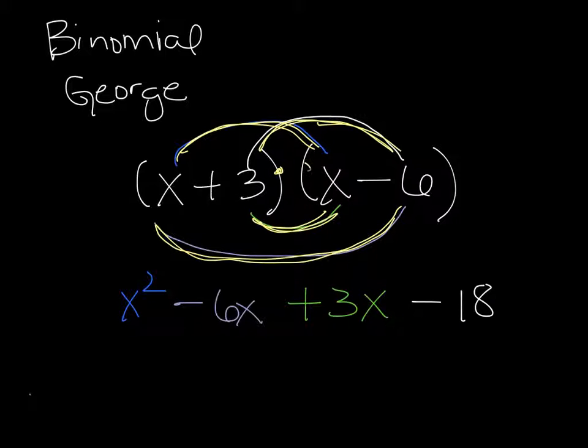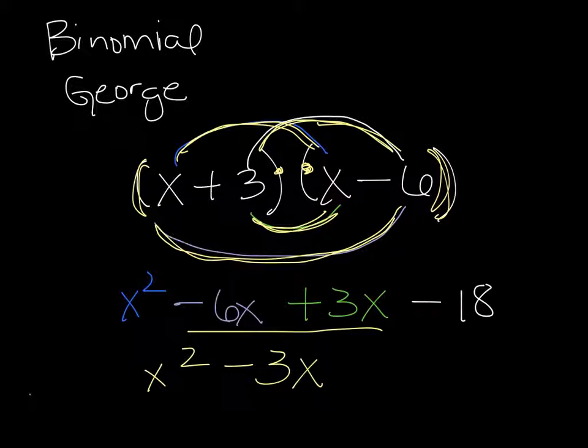Here's his eyes. And here's his ears. So my algebra teacher called him Binomial George. I don't know why, that's just what he called him. So if you do FOIL correctly, it should make a smiley face. Now, when you combine your two middle terms, you get x squared minus 3x minus 18. And that's your final answer.